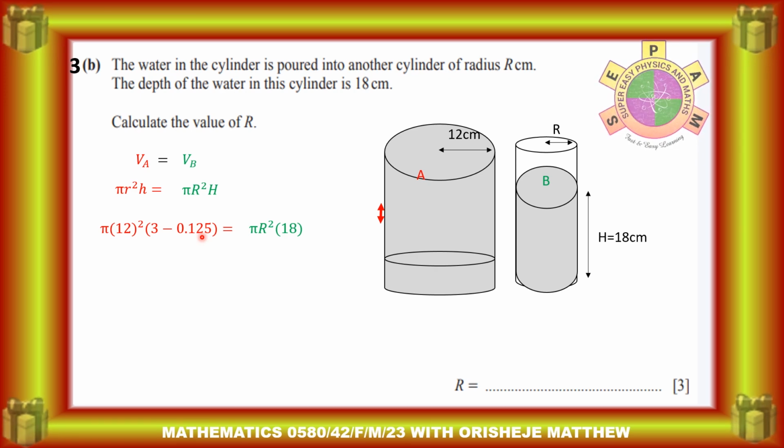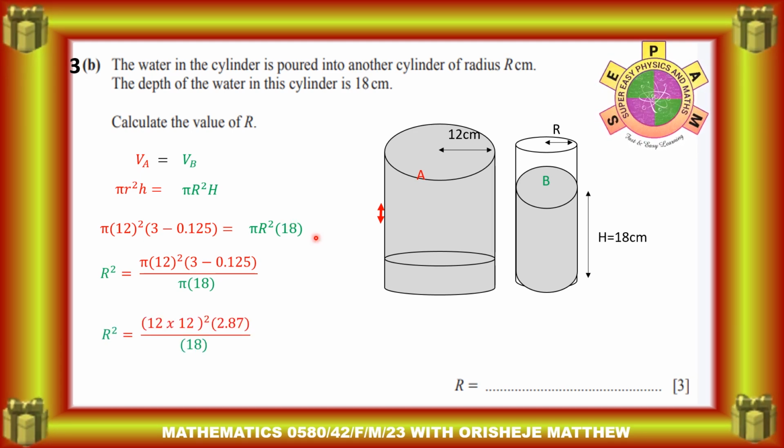So let's simplify further, and then we make R, which is the radius of the new cylinder B, subject of formula. So with that, pi can easily go away from the numerator and denominator.